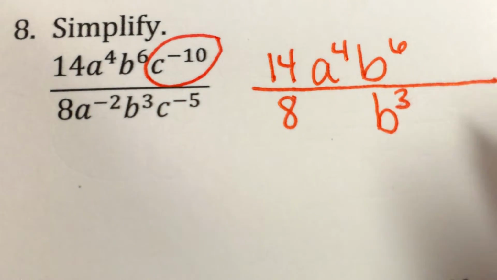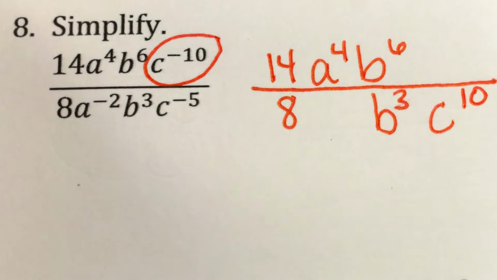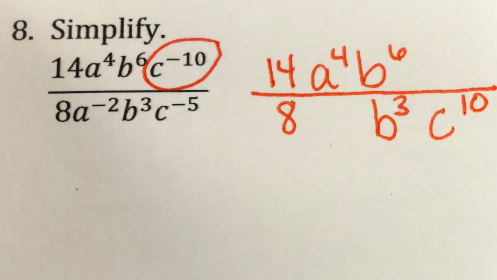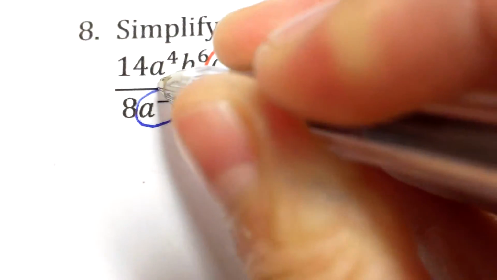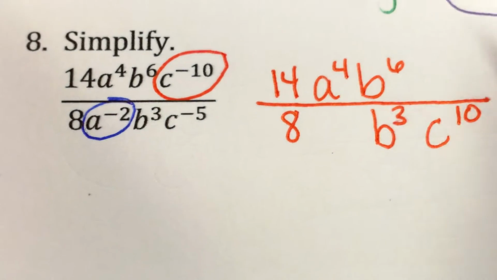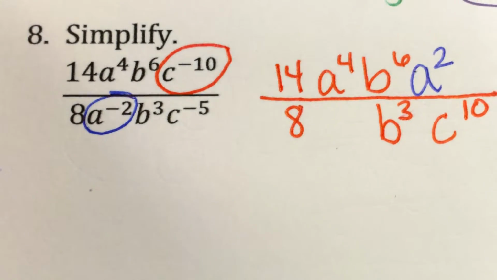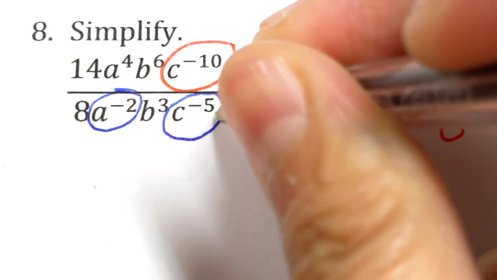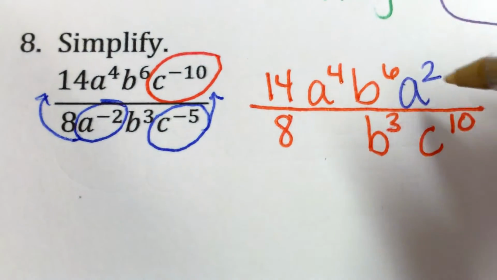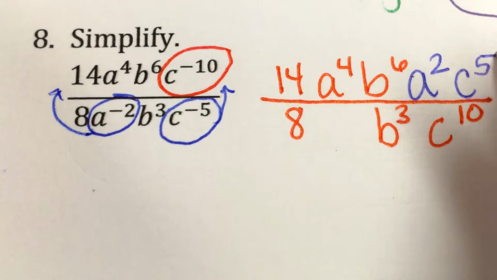We're going to move it to the bottom. So I'm going to put here c to the positive 10 because we moved it. And let's see, we have a to the negative 2 power. We're going to move it to the top to make it positive. So I have a to the 2nd power, positive. And we're moving the c to the negative 5. We're moving it up to make it positive. So now I have c to the positive 5.